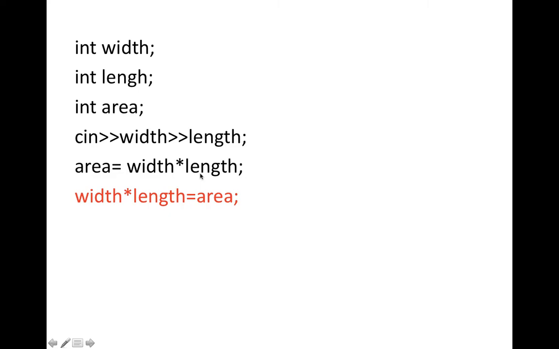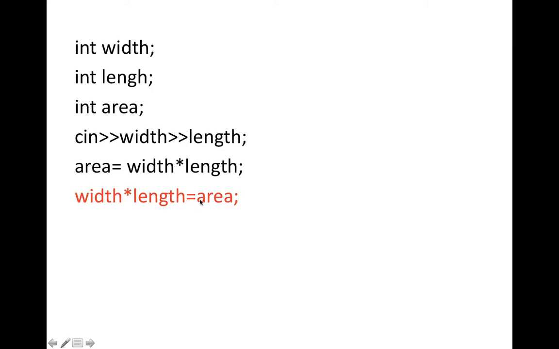One thing to be very clear on is in real life you can switch sides of an equal sign. If you have 2x = 7, that's the same thing as 7 = 2x. That's true in algebra. It's not true in C++ in this situation. If instead you were to hand the computer width * length = area, it would not know what you mean, because what it would try to do is take the value of area and place it into the value of width times length, and it doesn't know what that means.